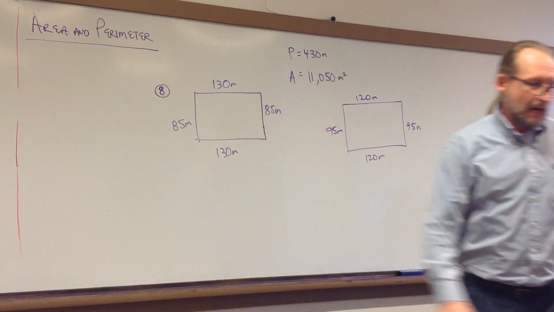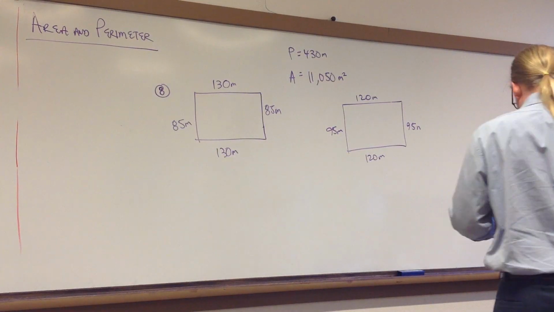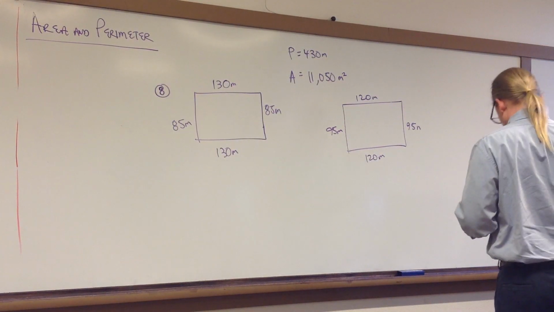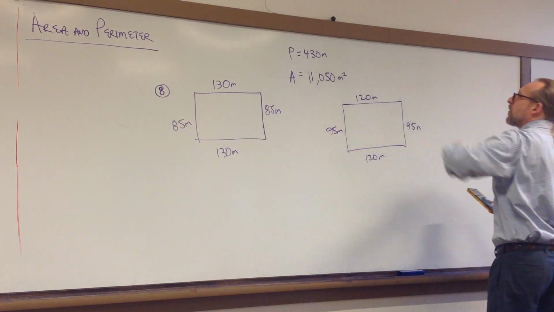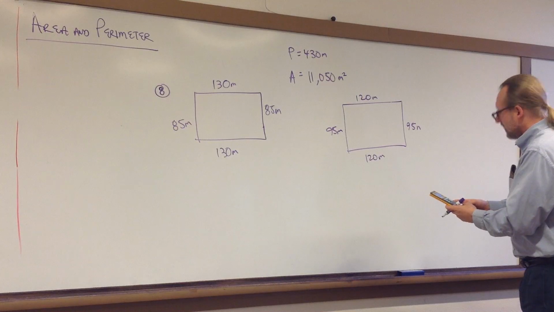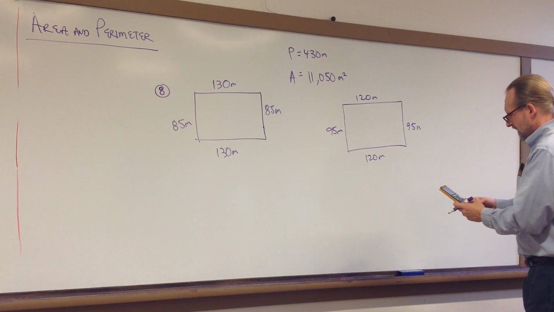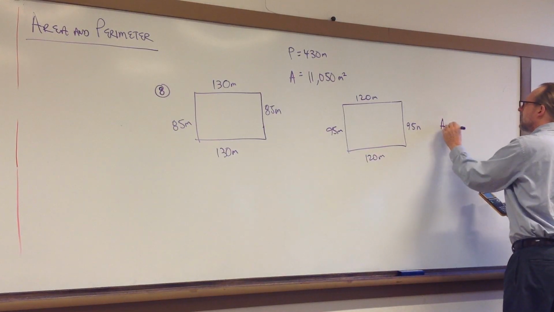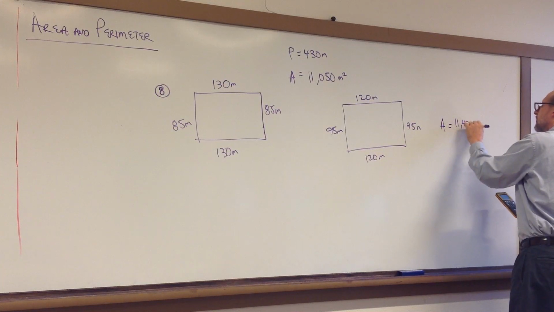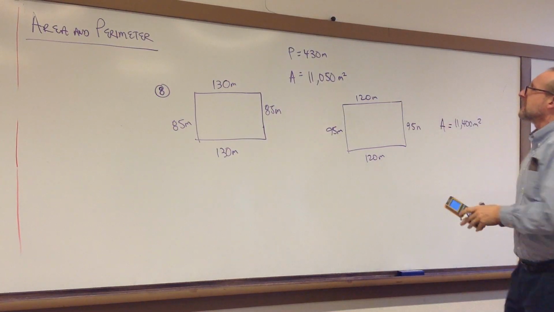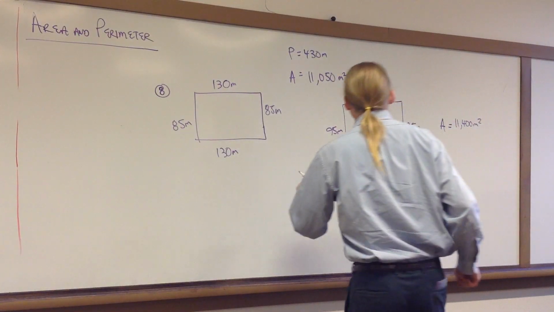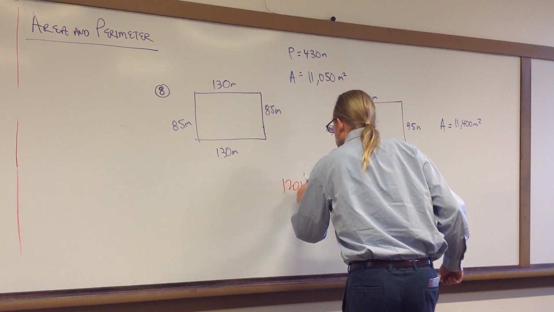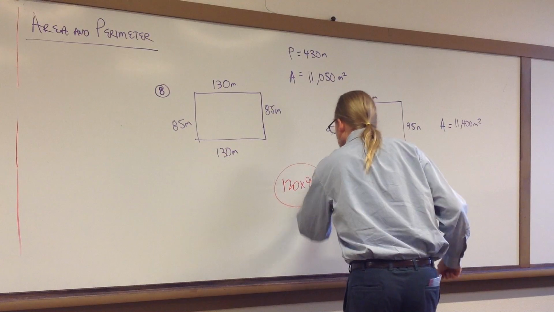Okay, so now our perimeter is 120 plus 95 times 2, still 430, but what's our area? 120 times 95, area is 11,400 square meters. That's bigger than what we started with, and so our answer here is 120 by 95.